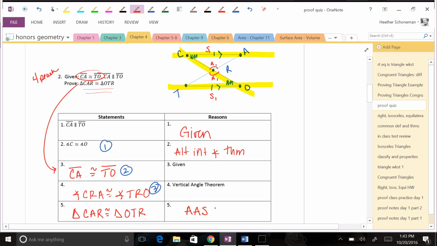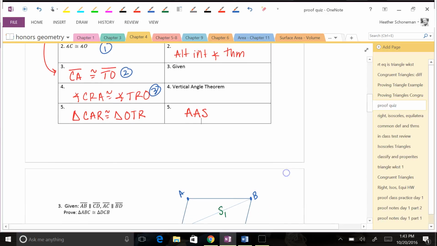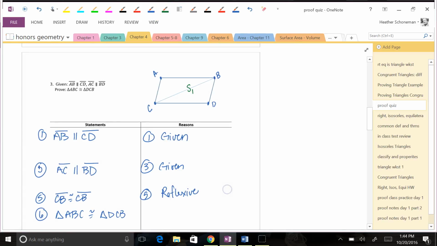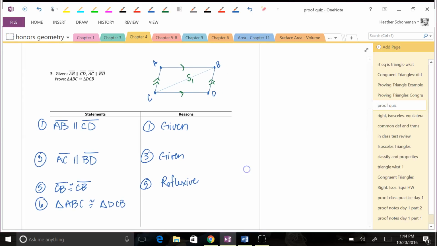Alright, let's flip your papers over. We're looking at 3 on the yellow and 4 on the peach. Alright, so let's see what they tell us here. They tell us that the top and bottom are parallel, and they tell us the left and the right are parallel. So if we're looking for our 3 facts, I know the side in the middle is congruent, but when I have parallel lines, I'm now going to have congruent angles. So let's figure out which one.